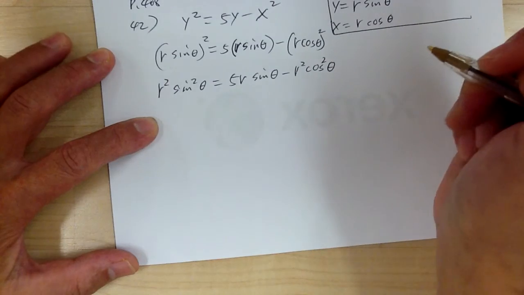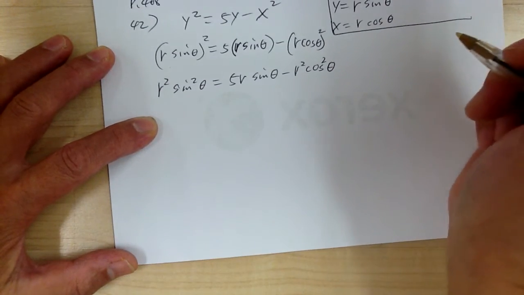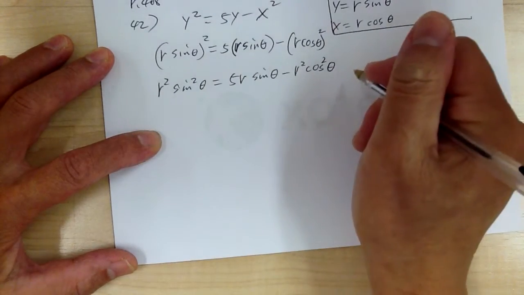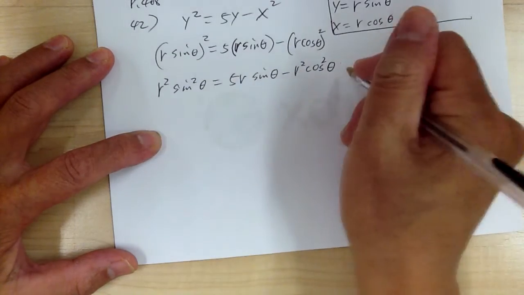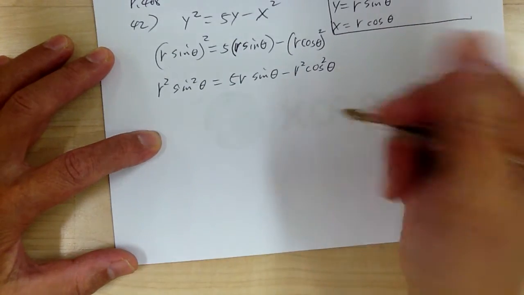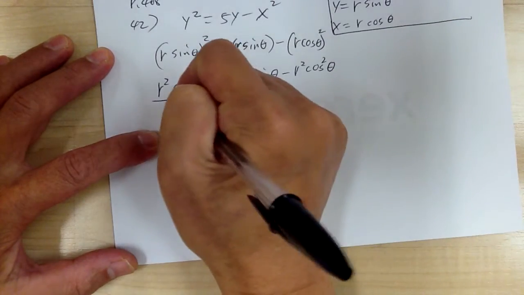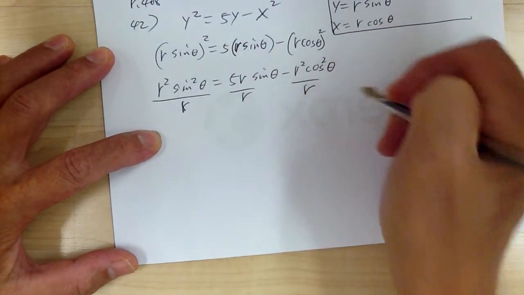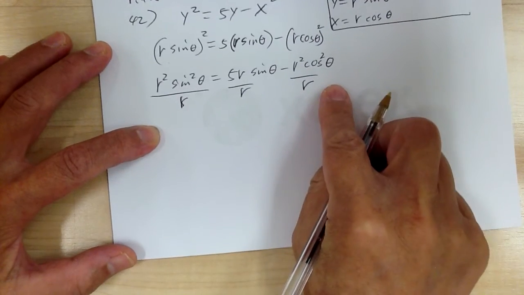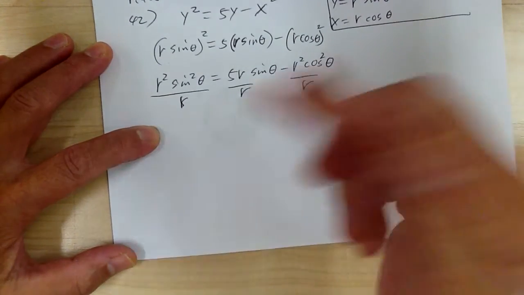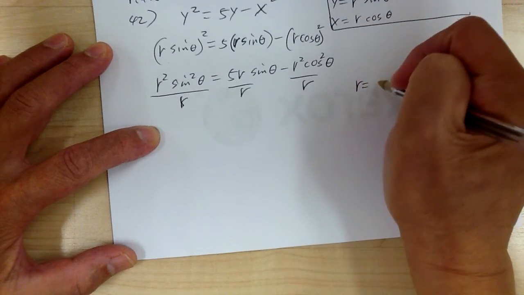Now in this case, you can divide by r. Technically, you shouldn't do that, because when you divide by a variable, you're going to lose the answer. So you need to recover the answer by setting r equal to 0.